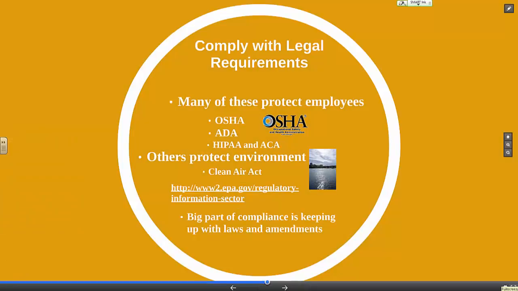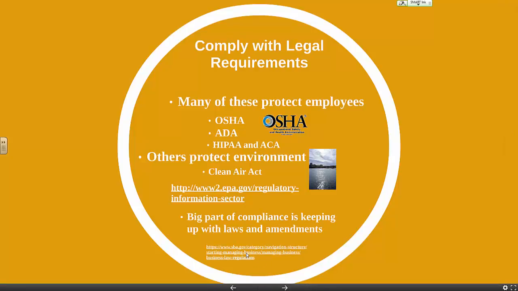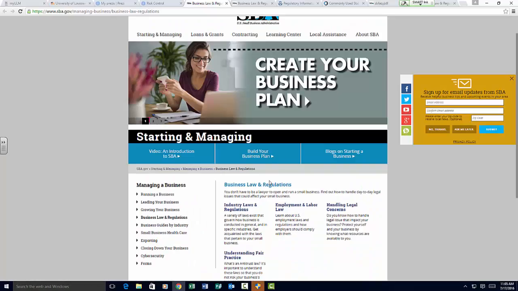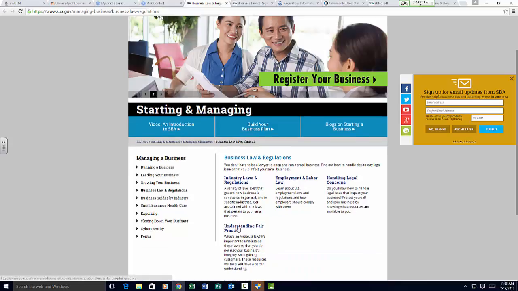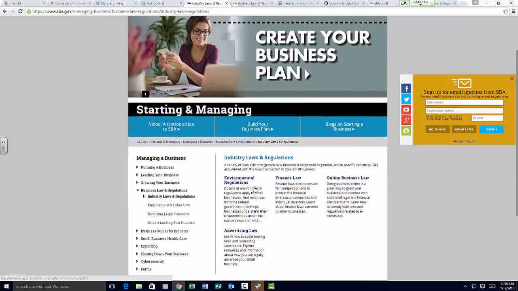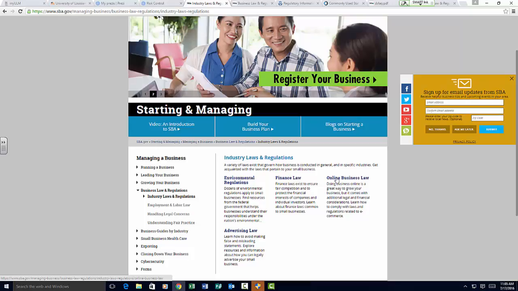A big part of compliance is keeping up with laws and amendments. So sites like the EPA can be very helpful, as well as the SBA, which is the Small Business Administration. The SBA keeps track of business laws and regulations related to employment and labor laws, antitrust laws, and a variety of other laws, environmental regulations, advertising laws, finance laws, and having an online business that might impact a small business.